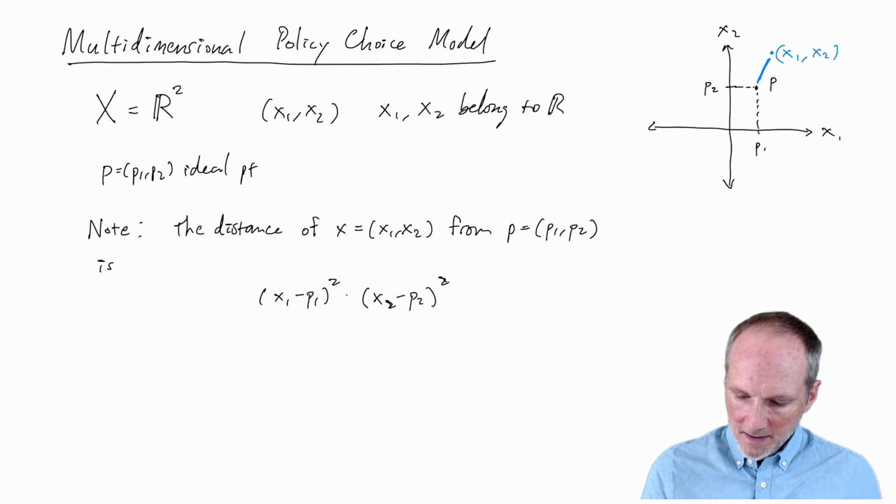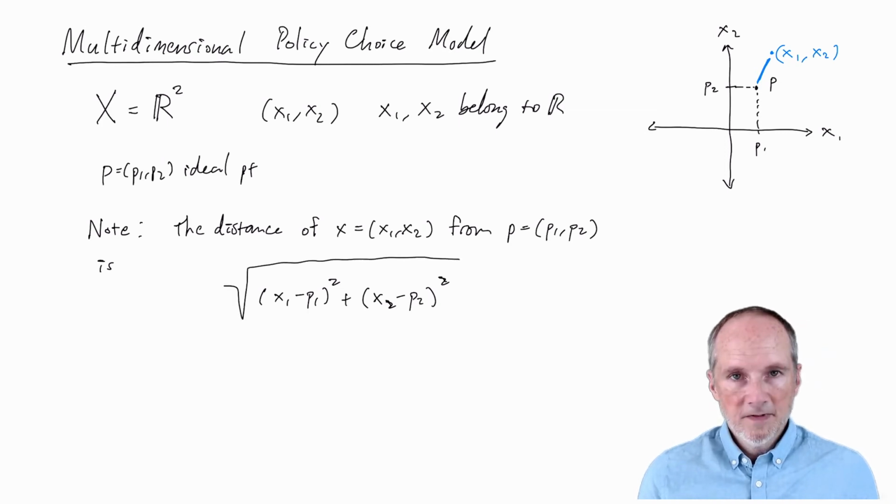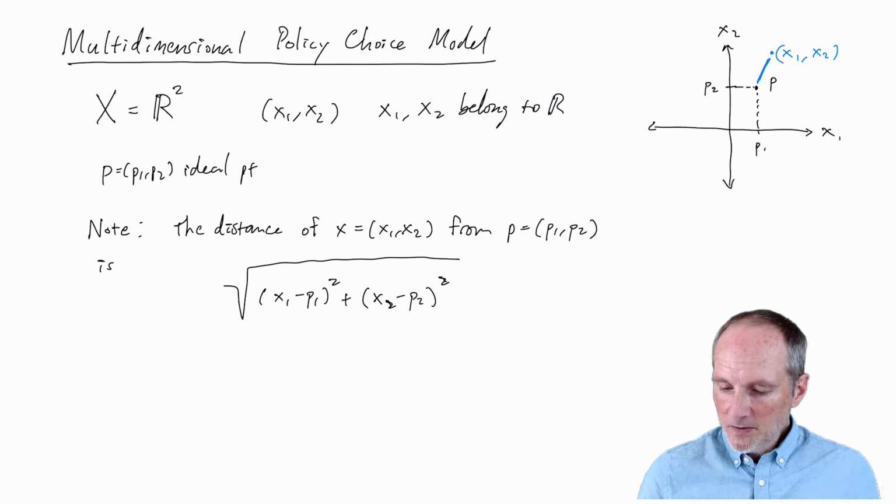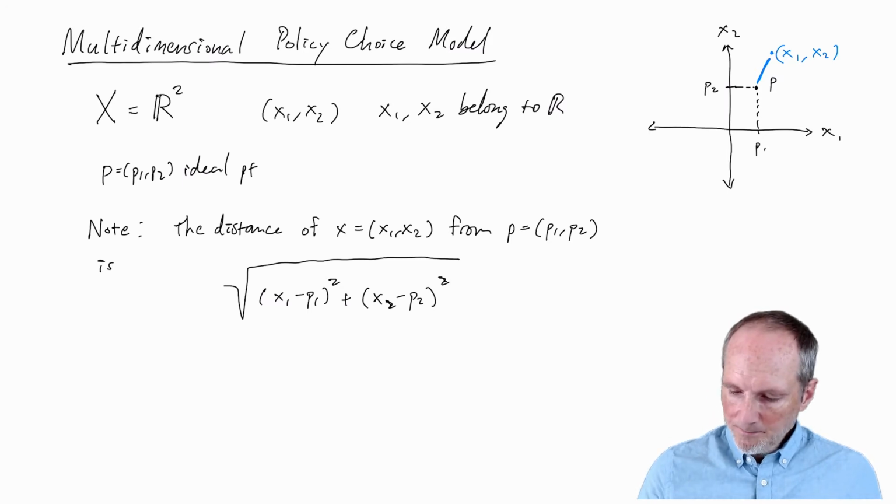Let's add those together, take the square root. That is our measure of distance. That's really the standard way of doing it. It's called Euclidean distance, or the Euclidean norm.